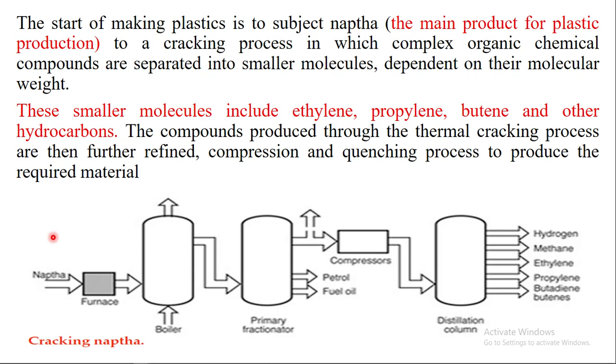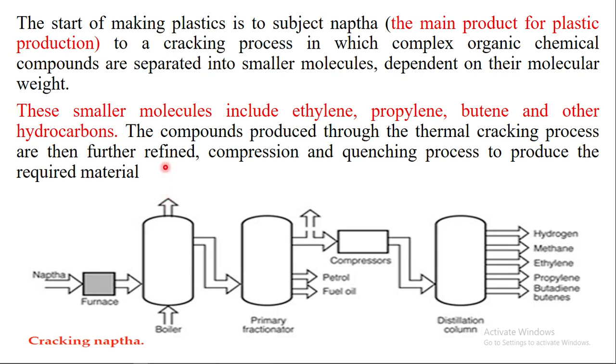Of the crude oil products, one is naphtha. Again, we apply the process to the naphtha material. The input is naphtha, then heat is applied in the furnace. The output goes to the boiler, which adds heat again.